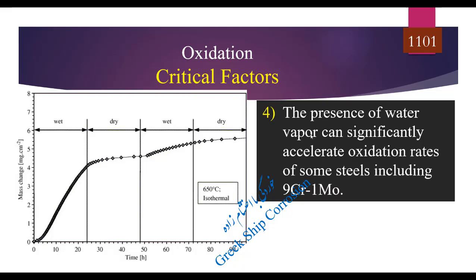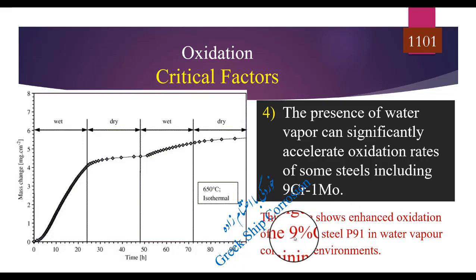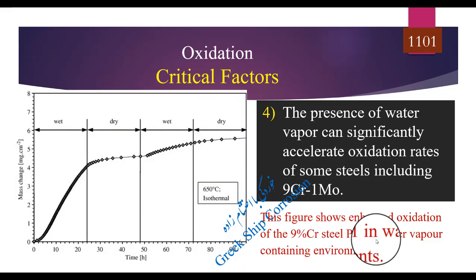4. The presence of water vapor can significantly accelerate oxidation rates of some steels, including 9 chromium 1 molybdenum. This figure shows enhanced oxidation of the 9% chromium steel P91 in water vapor containing environments.